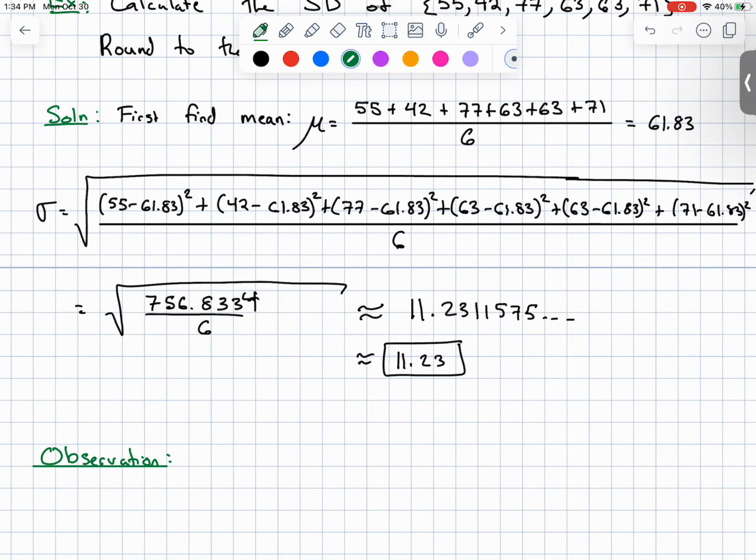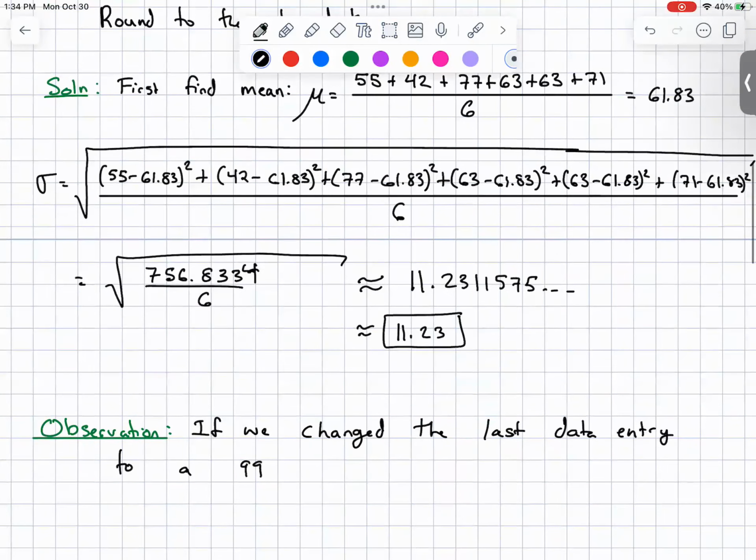If we changed the last data entry to a 99, i.e., we have the data set 55, 42, 77, 63, 63, and then a 99.